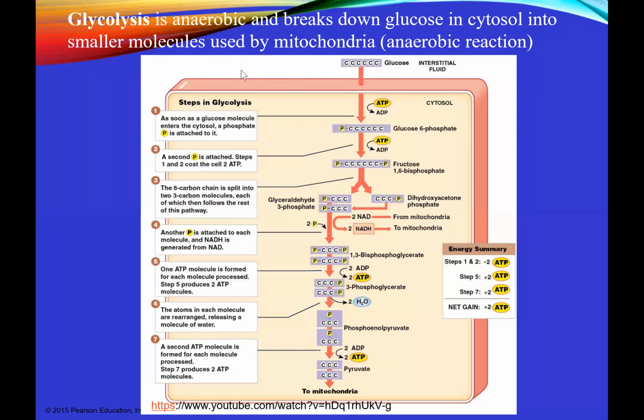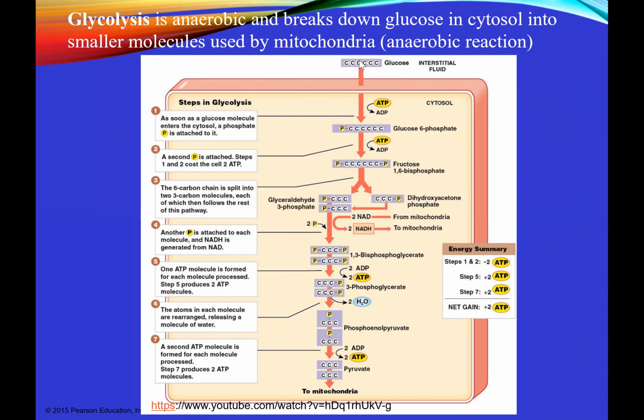So in the cytoplasm, when your body requires very quick ATP, let's say you are doing a sprint, you're running so fast, there is not enough oxygen coming in because you are flying so fast. So then your body will make quick ATP in glycolysis.